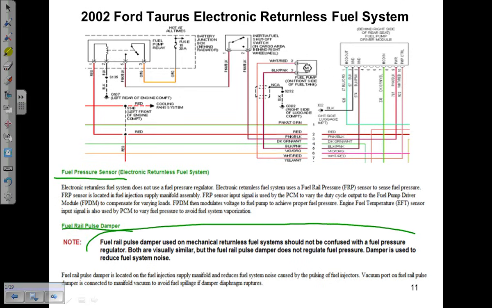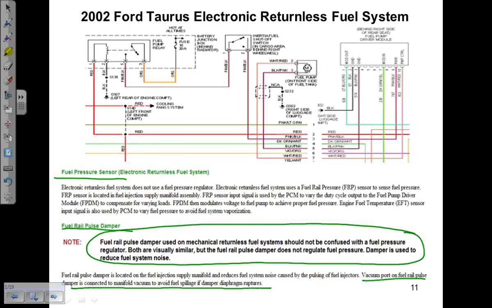So I pulled this up here because of major confusion on that dampener looking like a regulator. It's kind of crazy because it had a vacuum hose going to it too, right? And the vacuum line on that regulator or dampener was there for fuel spillage, that was all it was there for.